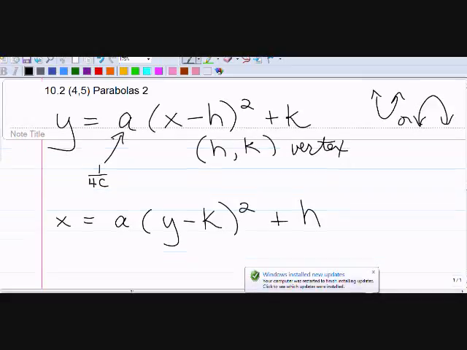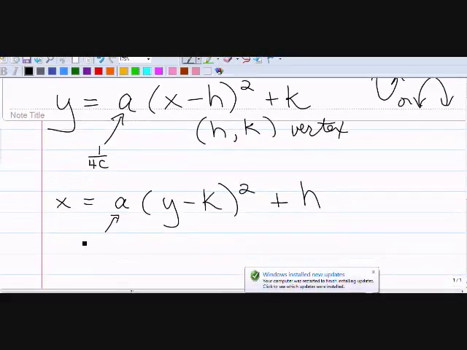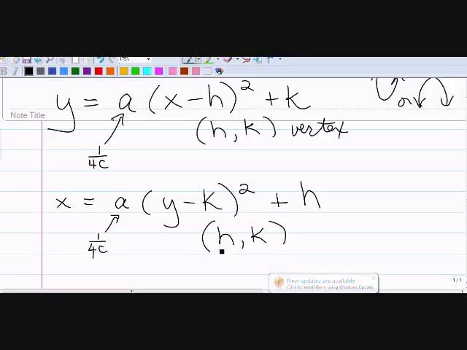That a is still going to be the 1 over 4c. Remember, c is a different distance from the vertex to the focus. And my vertex is still h comma k. But notice the h and k have switched places.